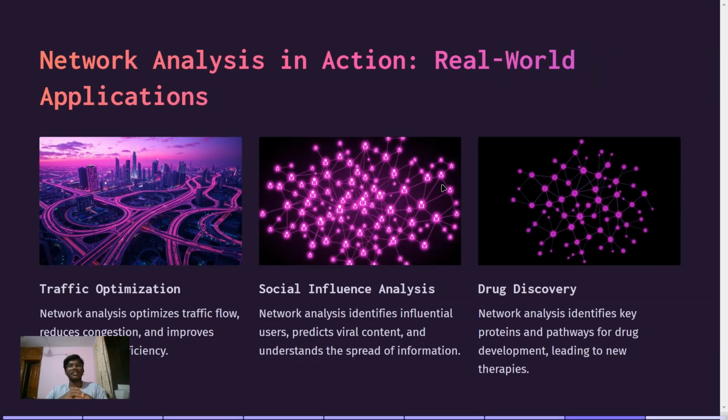Network analysis in action: real-world applications. So where is network analysis used in the real world? It is used in traffic optimization. Network analysis optimizes traffic flow, reduces congestion, and improves transportation. Because of network analysis, we use software like maps, which is very useful for traffic optimization, where you can easily see the flow of traffic, whether there is a jam or it is free to go.